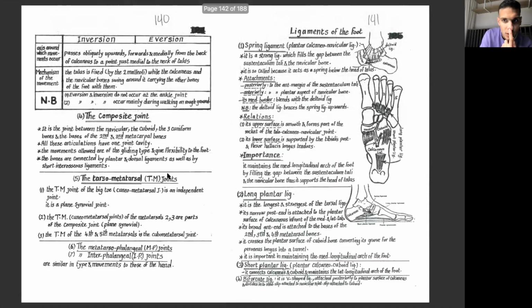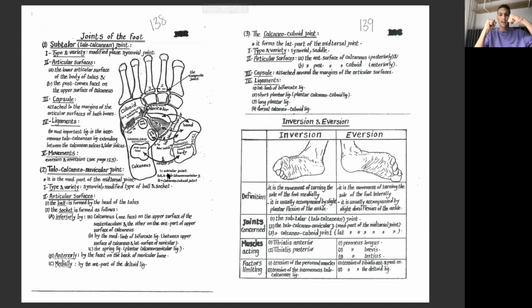It's not a good image, but the navicular touches both the talus and the calcaneus, and that's why it's the talocalcaneonavicular joint. It's a synovial joint, and it says here a modified ball and socket. The ball is formed by the head of the talus, and the socket is formed by the calcaneus, because it's touching both of those.